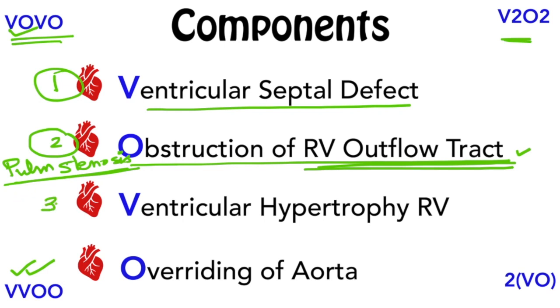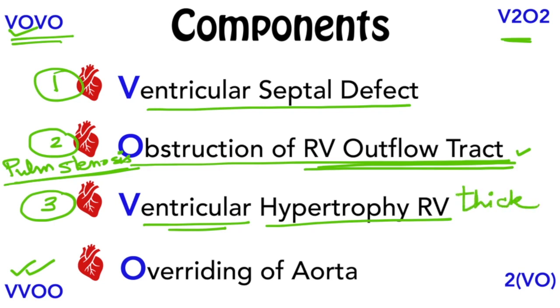Third, hypertrophy of the right ventricular wall. Ventricular hypertrophy, that is thickening of the RV muscle. Fourth component is the overriding of the aorta. So these are the 4 components of tetralogy. We'll revise it again.